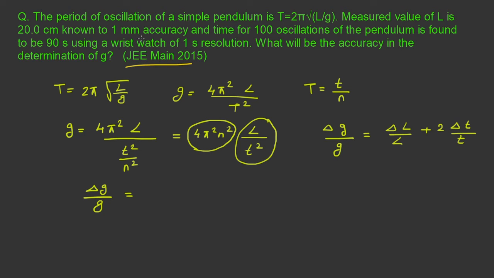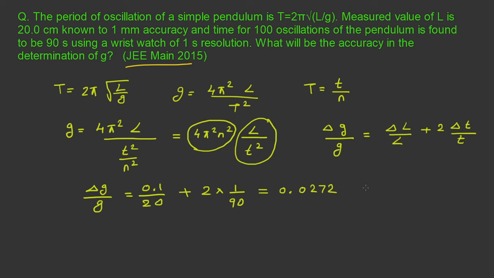So, writing 1 millimeter in terms of centimeter, it will be 0.1 divided by 20 plus 2 into delta t by t. Delta t is 1 second and t is 90 seconds, so 1 divided by 90. This can be calculated as 0.0272.